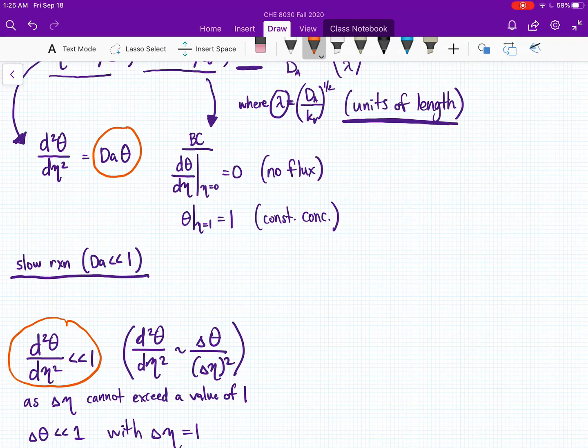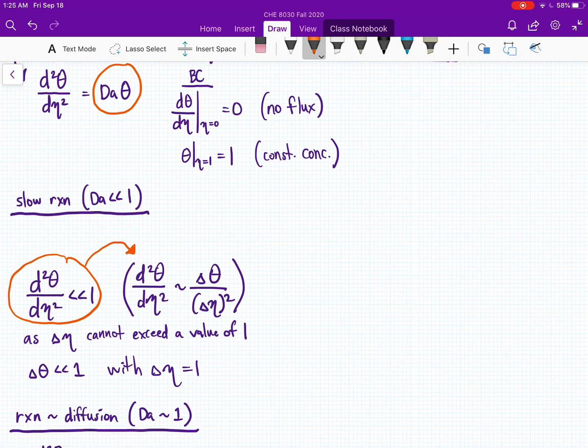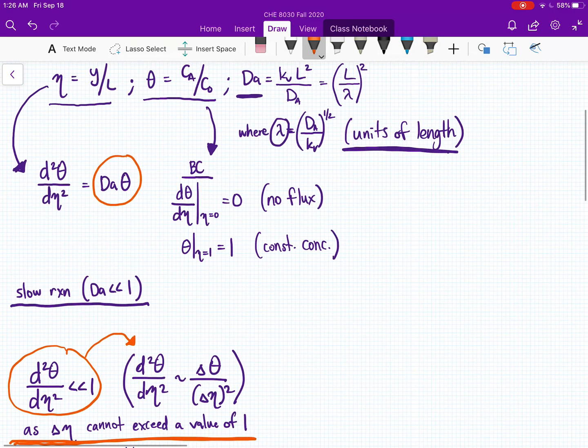And so using our definition of the second derivative in terms of an order of magnitude analysis, the first thing that we can state is that this delta eta cannot exceed a value of 1.